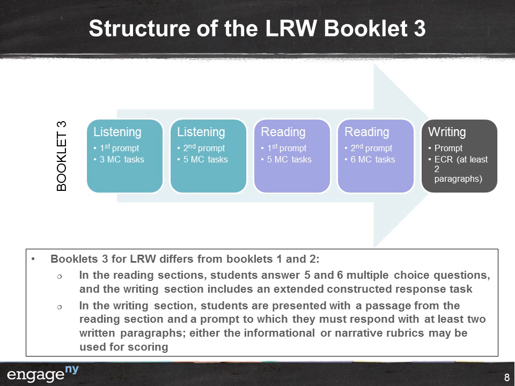Next, students see the first reading prompt and answer 5 multiple choice questions. Then they see the second reading prompt and answer 6 multiple choice questions. Finally, students see a writing prompt and then answer with an extended constructed response. That is, 2 paragraphs or more. The rubric for the writing is either informational or narrative.